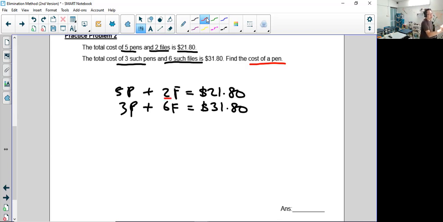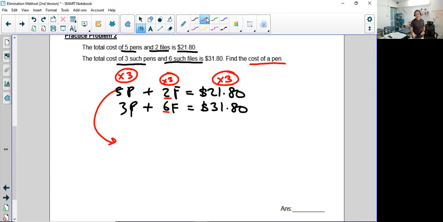So I make the number of files the same. So I times 3, and the whole statement also times 3. And then the old statement becomes a new statement. So you have 15 pens plus 6 files, and that will be how much? You take $21.80 and you times 3, that will give you $65.40, right?